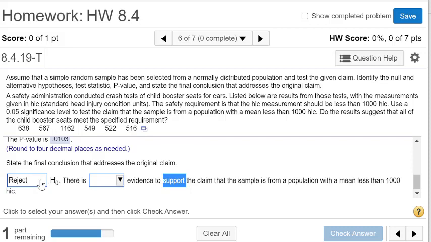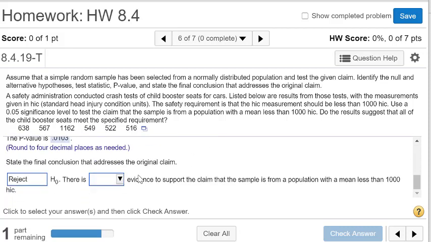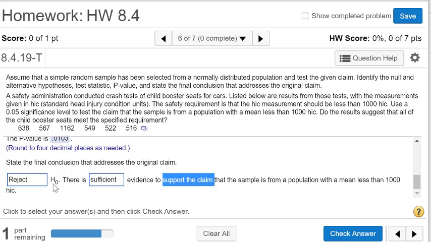I'm sorry, we're not rejecting the claim, we are rejecting the null hypothesis. And remember that the claim was the alternative hypothesis. That means we should be able to support the claim. There is sufficient evidence to support the claim. We rejected the null hypothesis, and so the alternative hypothesis is the claim. We're going to be able to support the claim. Okay.